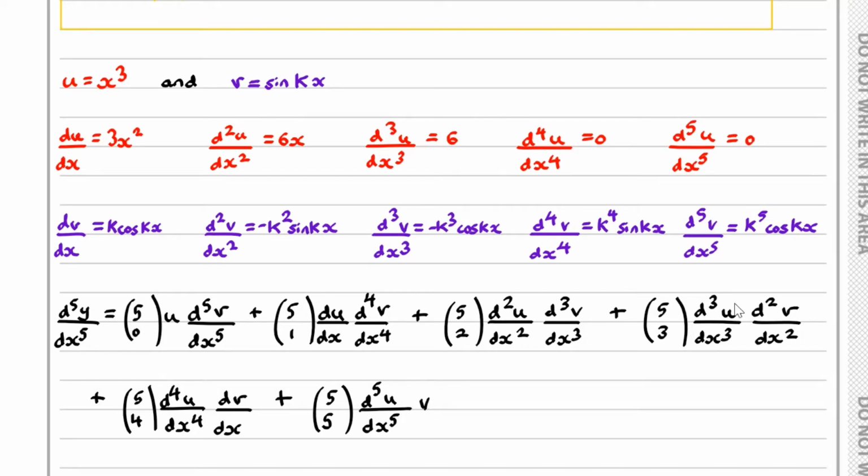Essentially, we've used the binomial expansion to arrive at this over here. And all we need to do now is simply substitute in everything.